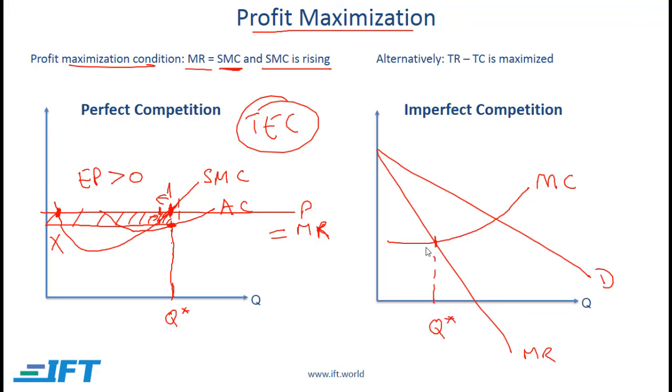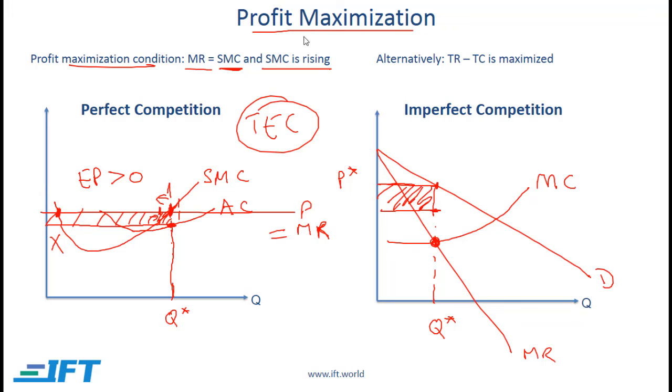So again, this is based on marginal cost equaling marginal revenue. Then the price that is charged is read off the demand curve. So this is the price that will be charged. Now what's the profit? The profit depends on the average cost at this quantity. So if the average cost is at this level, then the profit will be given by this area over here.